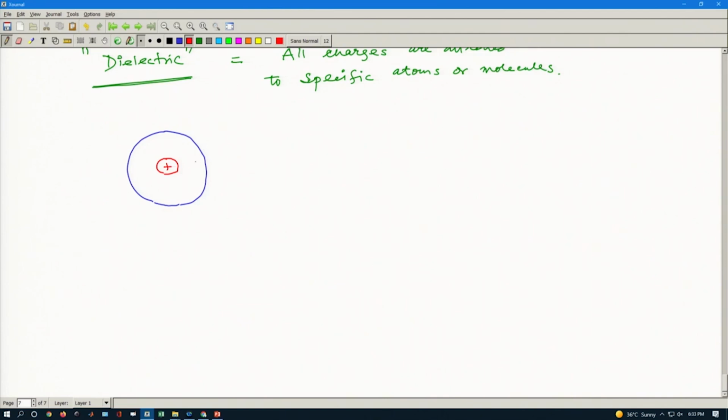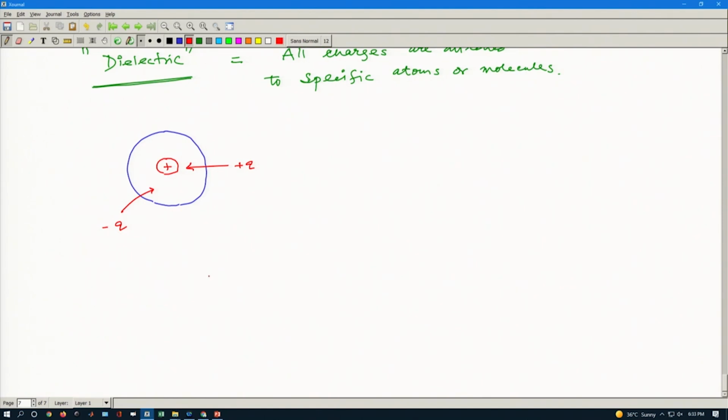In this neutral atom, over the electron cloud we have a positive charge here, plus q, say, and this entire cloud is distributed in such a way that the center of the charge minus q and plus q are superimposed on each other.